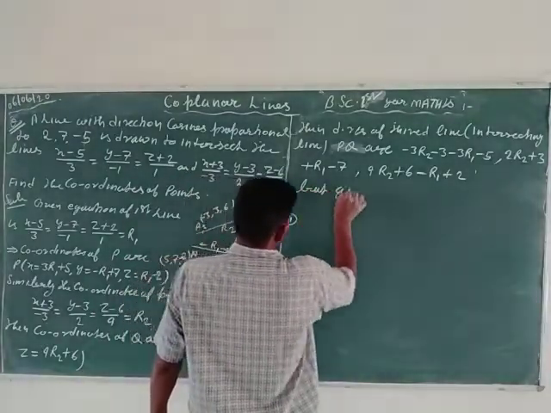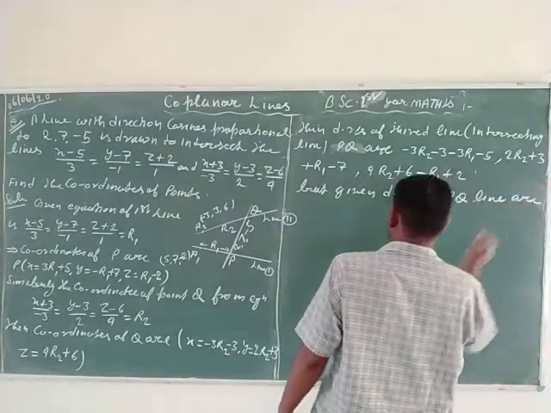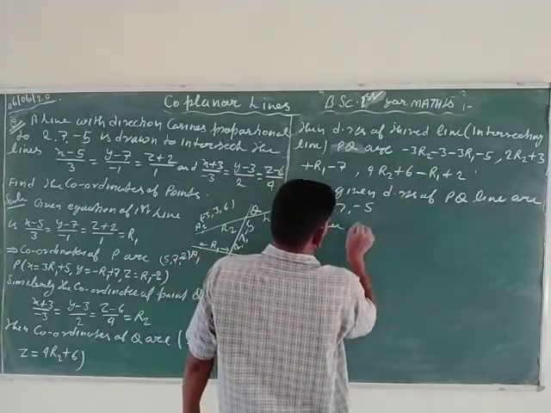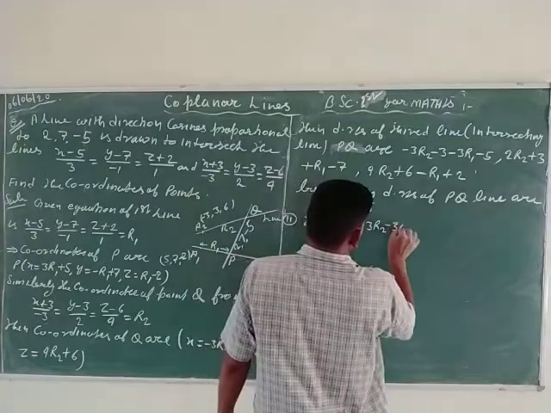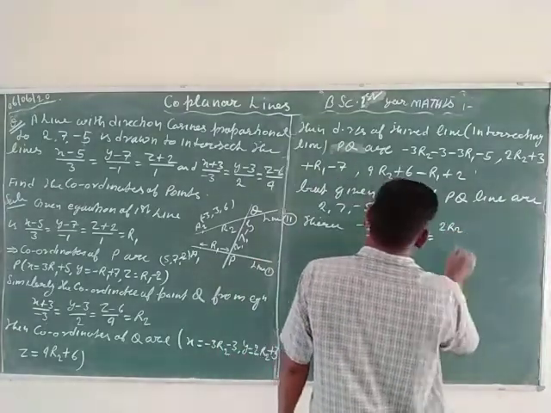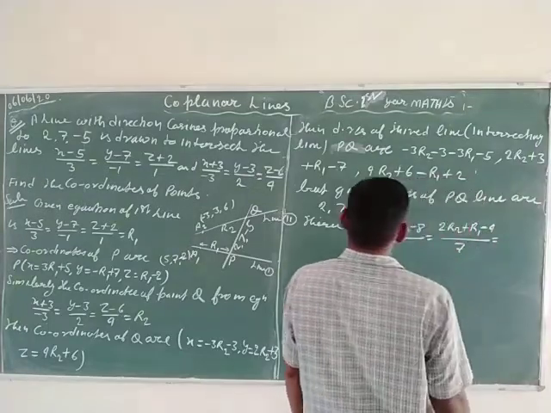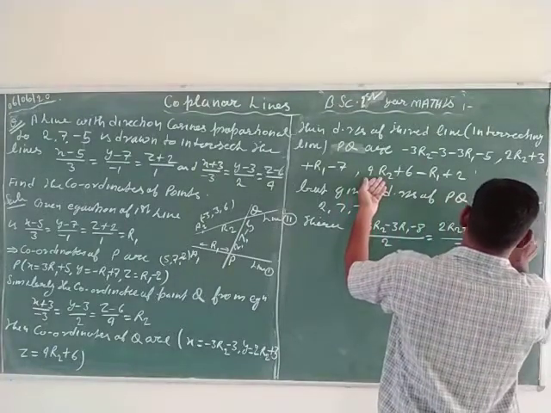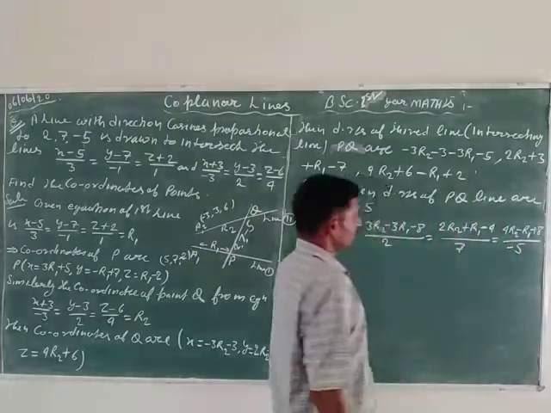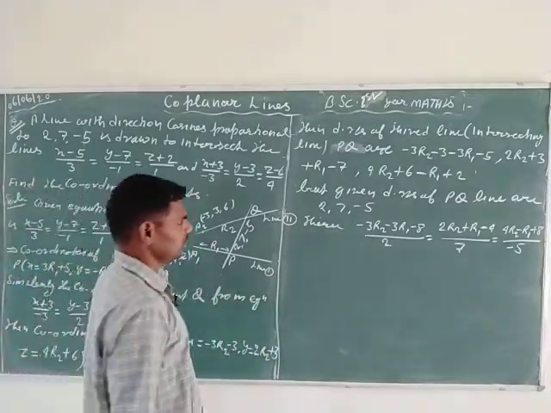So (minus 3R2 minus 3R1 minus 8)/2 = (2R2 + R1 minus 4)/7 = (4R2 minus R1 + 8)/(minus 5). Of the 3 ratios, take only 2 ratios, because here the unknowns are 2, R1 and R2. You can calculate the values of R1 and R2.